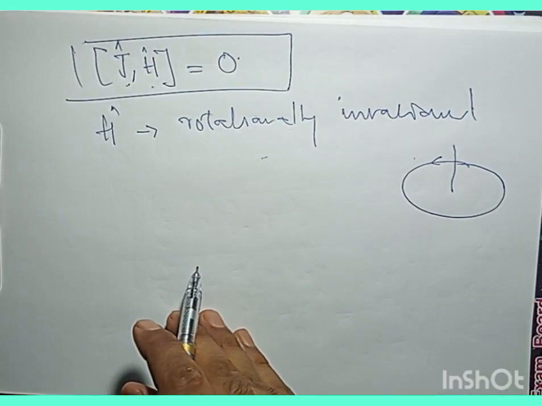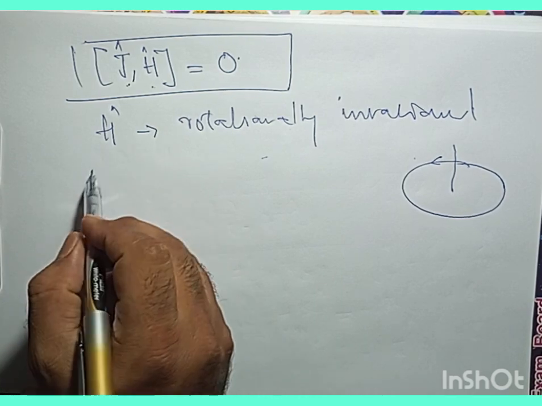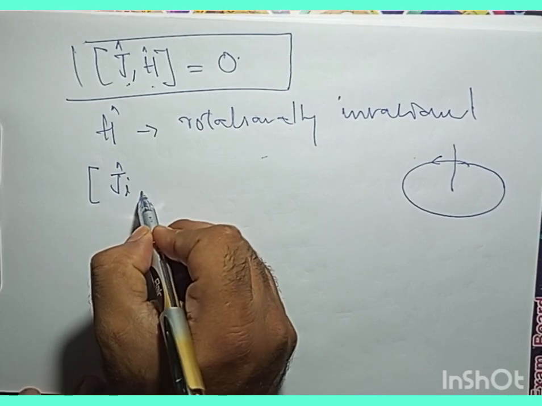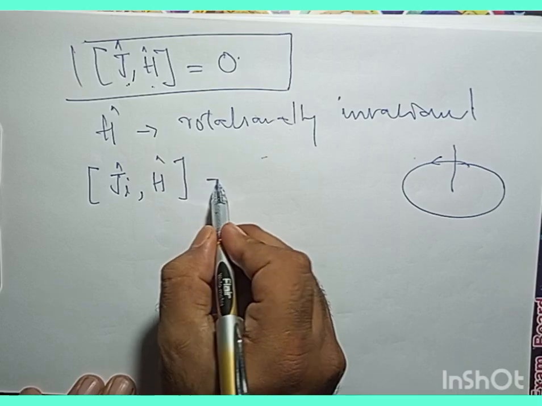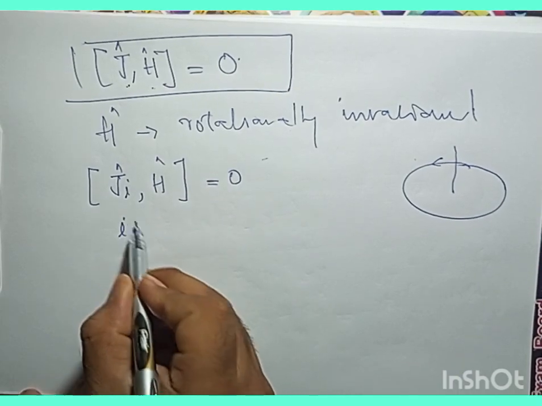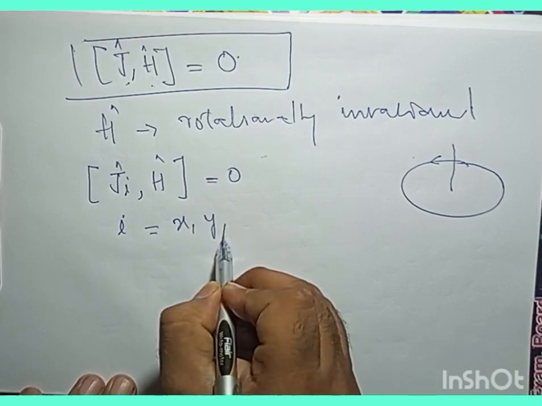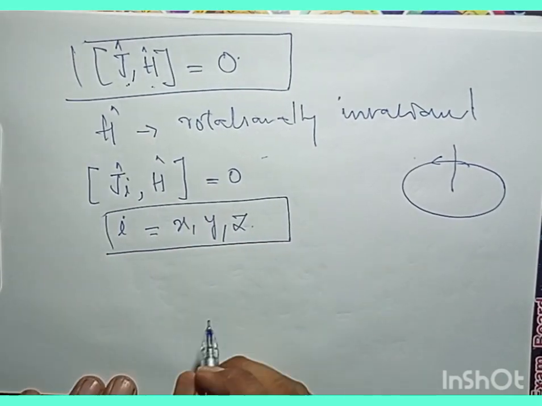Now, to come up with the reasons for this commutation, if I take the commutation relation between, say, Ji and H cap, this is equal to 0. Now this i goes for x, y, and z, the three components of the total angular momentum.